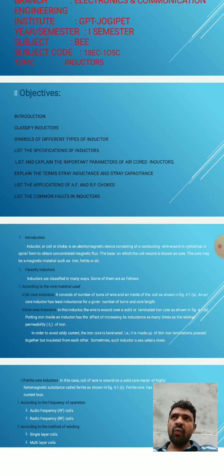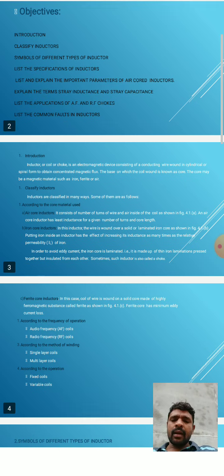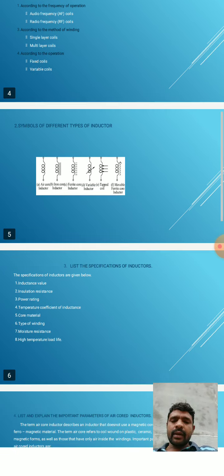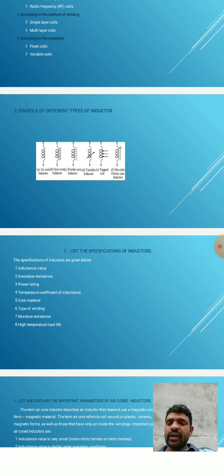Depending on the method of winding: single layer winding and multi-layer windings. Next, list the specifications of inductors. The specifications are inductance value, insulating resistance, power rating, temperature coefficient, core material, type of winding, and resistance.